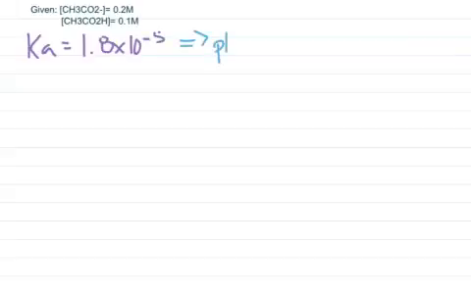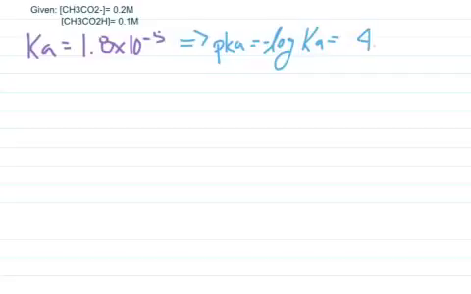The Ka value for acetic acid is 1.8 times 10 to the minus 5. I'm now going to look for the pKa, which is taking the negative log of the Ka to give me 4.74.